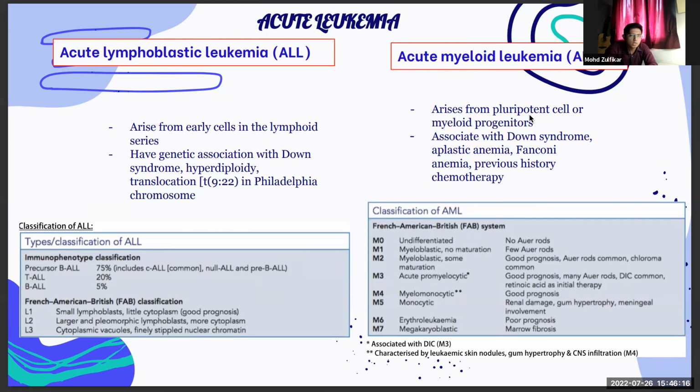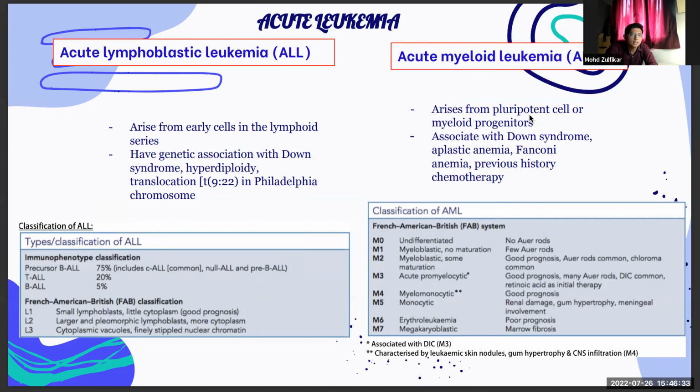One of the most important is the M2 type, which is the most common, known as myeloblastic with maturation, and has a translocation at 8;21, which carries a good prognosis.